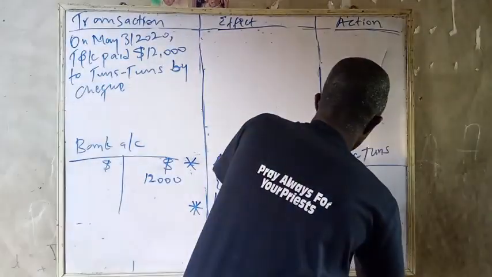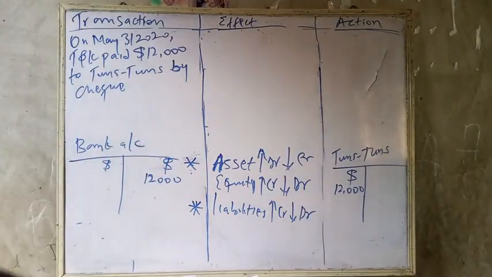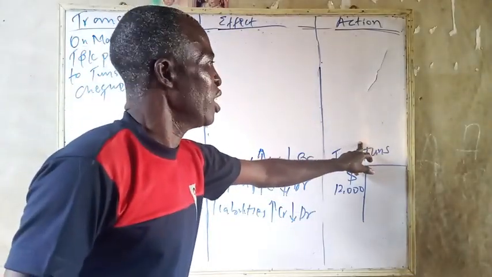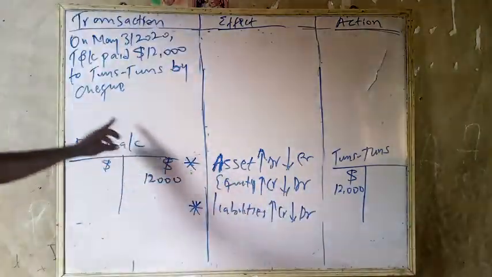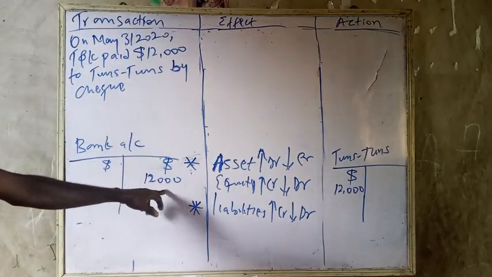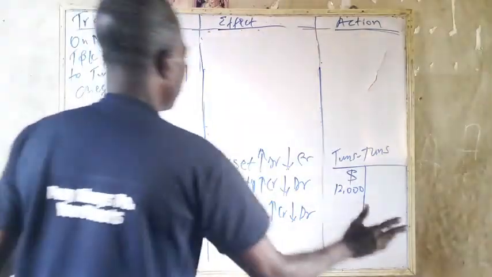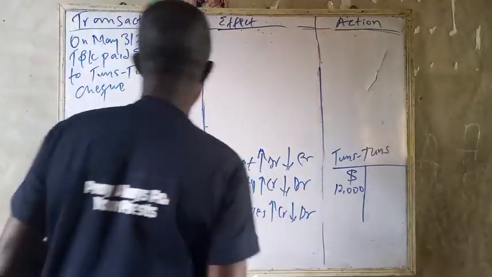You debit Toonstones with $12,000. Look at it. Credit, debit. Liability reduce, you debit. Asset reduce, you credit. So for simplicity, let's just leave it this way. Let's not put the other side.